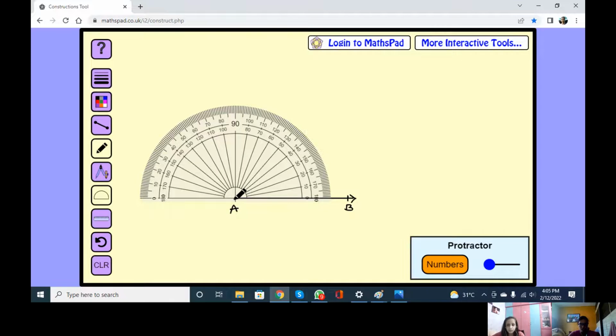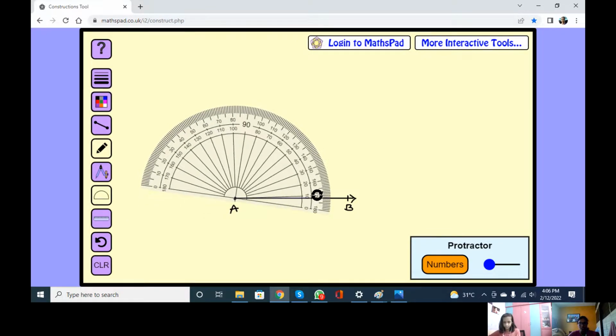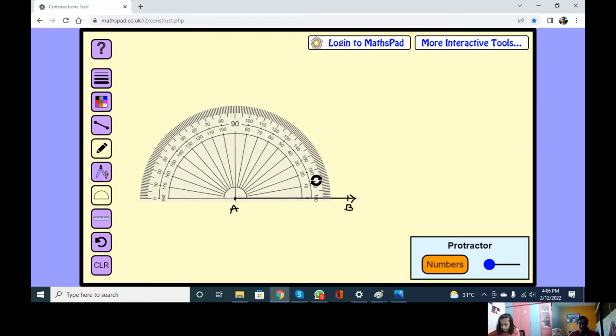The central point of the protractor should lie on point A, and its horizontal line should coincide with the zero of the protractor. This is the way of keeping it. You should not keep it like this and measure. It should exactly coincide with the zero. Our ray should coincide with 0 degrees.